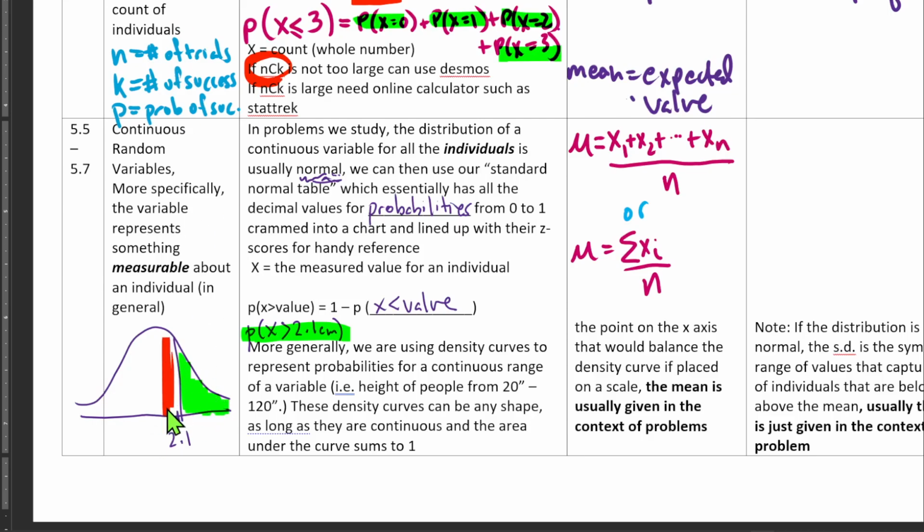What you do is you look up this red area. And how do you get the green area from the red area? Well, the total area is 1. So if you want the green area, which is what's being asked for a lot of the time, you find the red area on the z-score table, and the red area is the probability of x being less than a value. So this red area is from the z-score table, also known as the standard normal table.